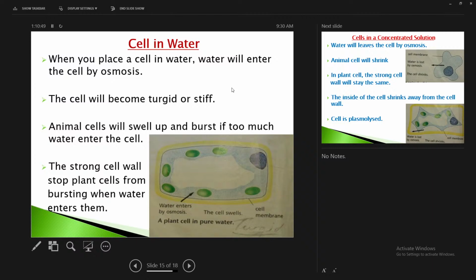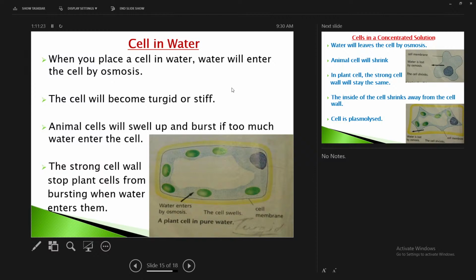Because if the cell membrane is not controlling the amount of water going into the cell, the cell will eventually burst, because the water pressure just keeps adding up until it bursts. So that is why the cell needs a control mechanism that can regulate how much water enters and how much water leaves the cell. The cell membrane has that function, where it only allows some amount of water.